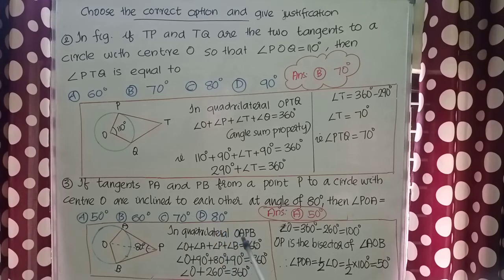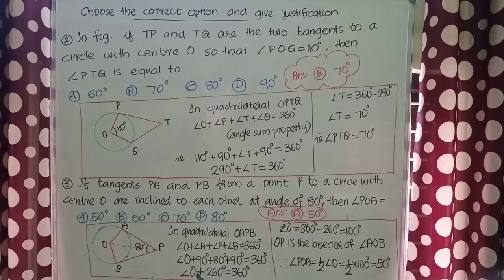We know OAPB is a quadrilateral. So angle O plus angle A plus angle P plus angle B equal to 360 degree. That is angle O plus 90 degree plus 80 degree plus 90 degree equal to 360 degree.